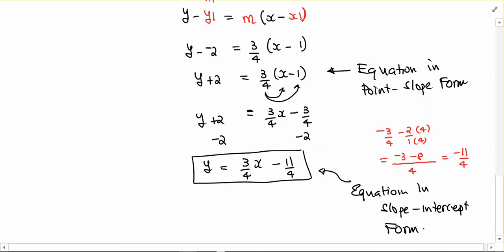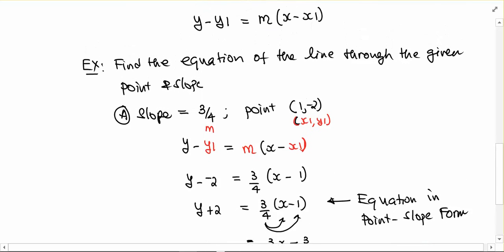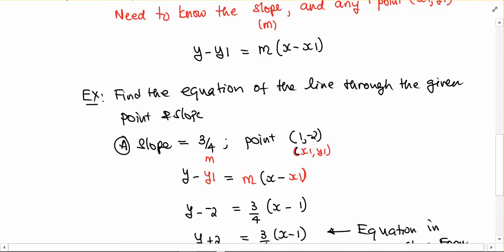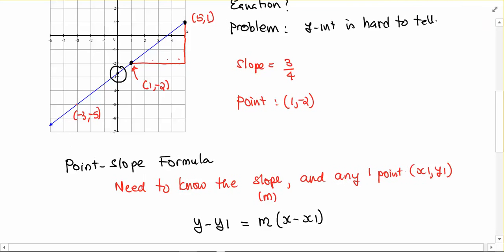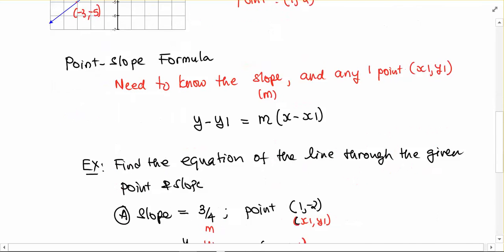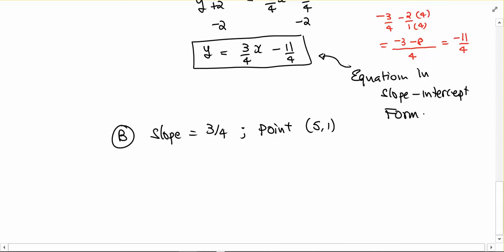All right, so let's do another example of this, and what I'll do is use the same line, but I'll use different points. So the slope will be 3/4 and the point I'll use will be 5, 1. Okay, so part B, let's say the slope is 3/4 and the point is 5, 1. Just to show you that it doesn't matter, we should end up with the same equation.